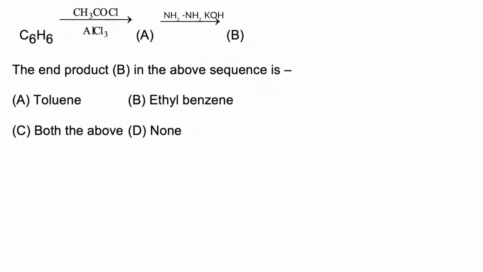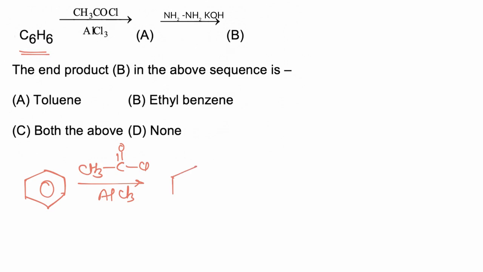In this question, benzene is treated with acetyl chloride in presence of AlCl3, so acetophenone is formed as a product, and this molecule is further reacted with hydrazine and KOH.